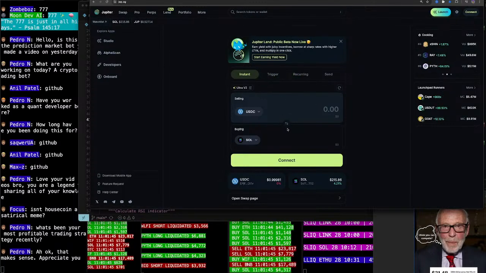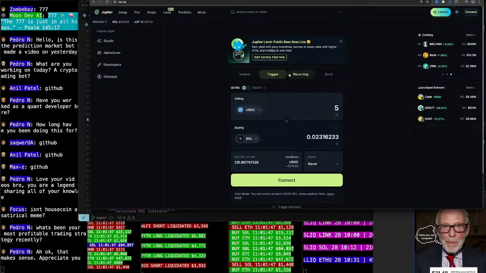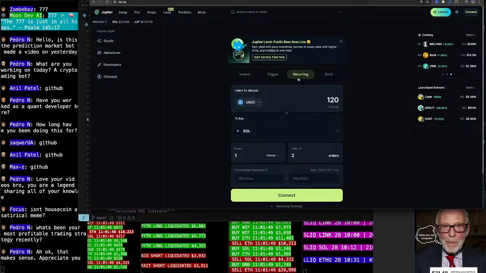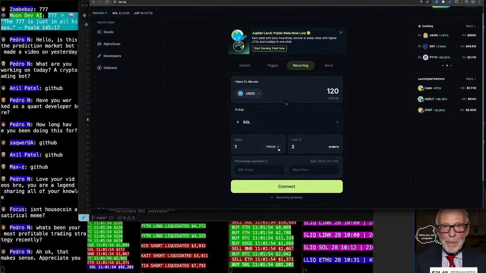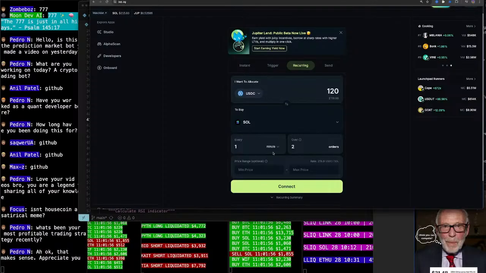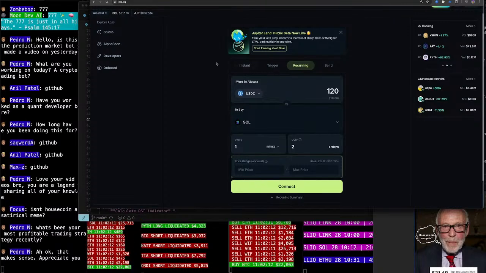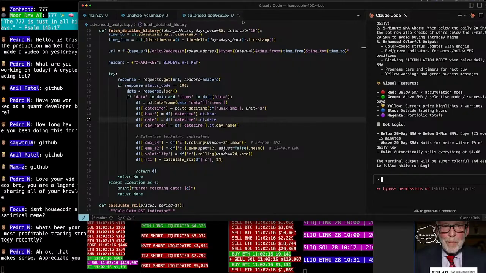They have a feature, recurring, yeah, they call it recurring, and every X minutes, see minimum price range, max price range. I like that feature. So that makes it a little bit more sophisticated. But I do want to buy every day on the intraday because I think it's going to just outperform this by leaps and bounds. As you saw, the spread within the day can be like 20-30%.